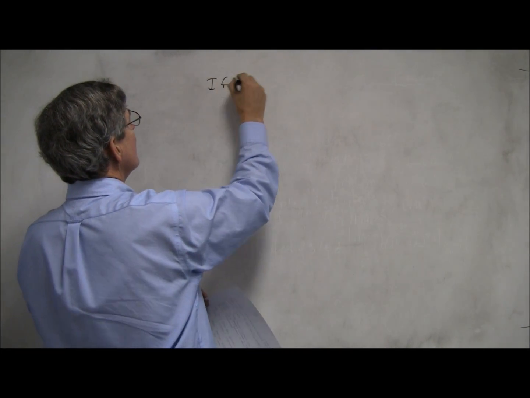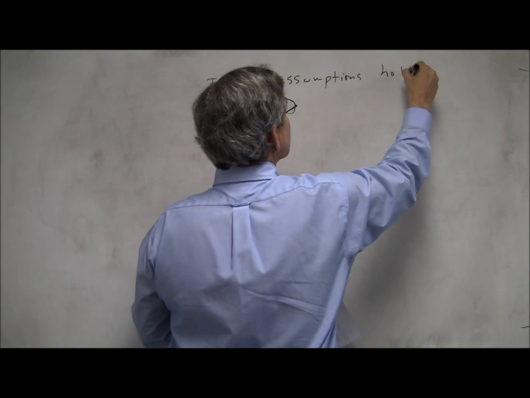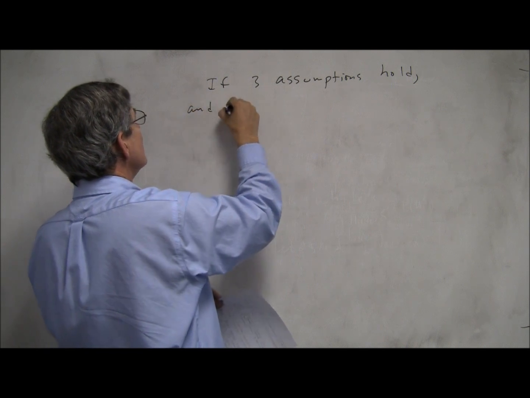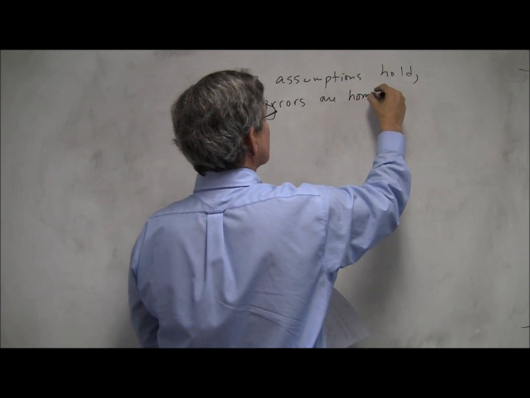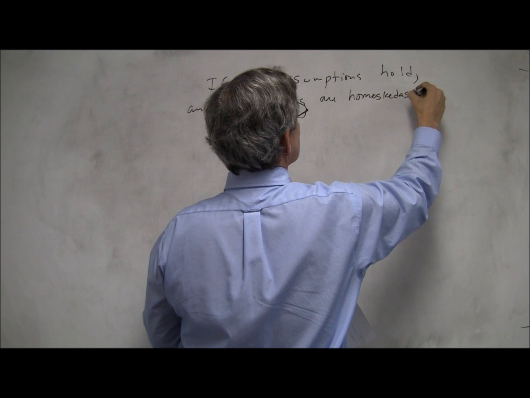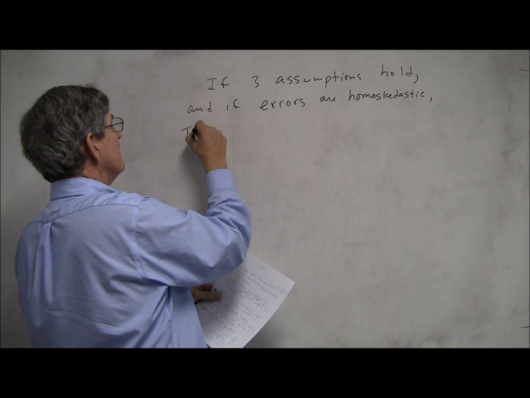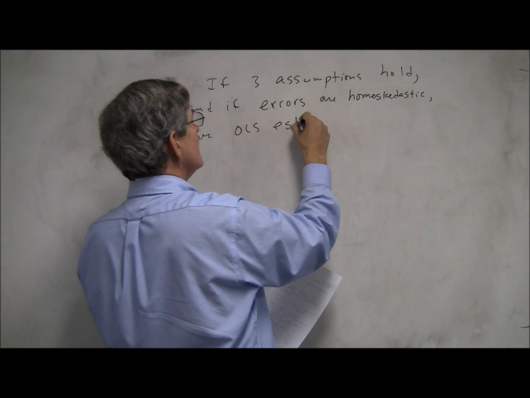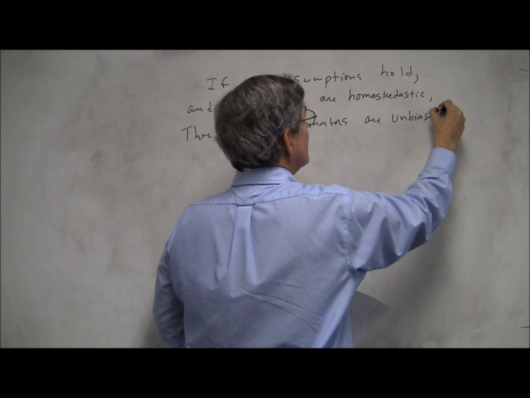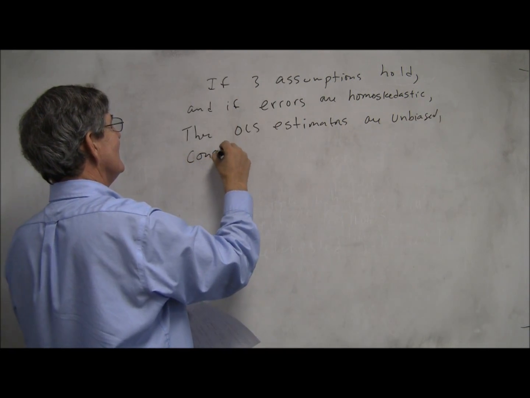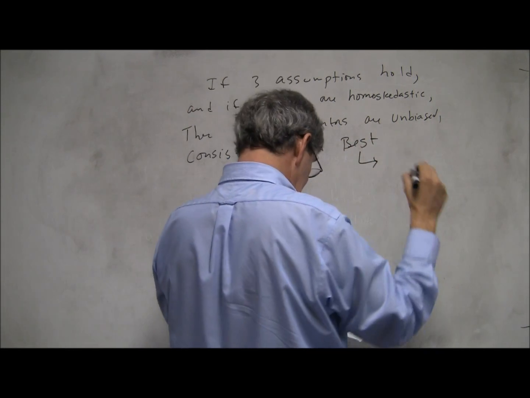So if the three assumptions that we talked about earlier hold, and if the errors, the UIs, are homoscedastic, and that's a heroic assumption because they're often not, then the OLS estimators are unbiased, consistent, and best.